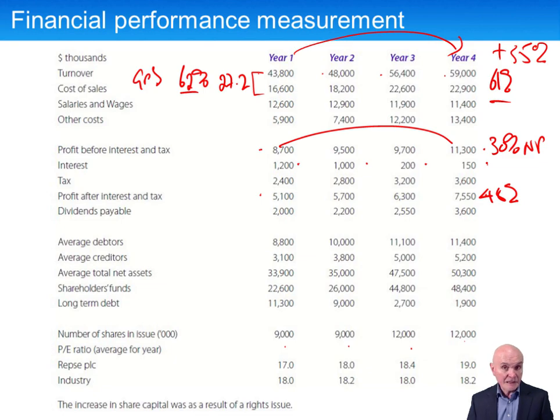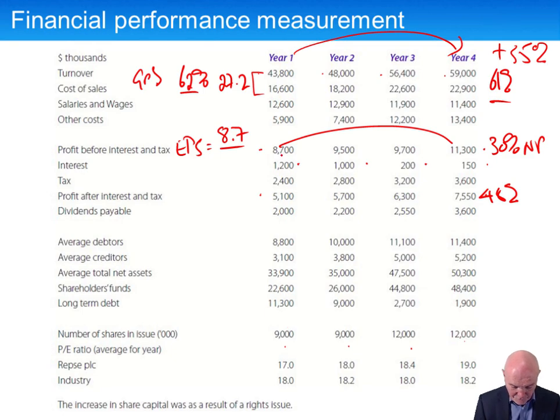And once we're there, we can actually work out the earnings per share. So the earnings per share here is going to be, if I do it in thousands, divided by the number of shares. The number of shares in issue is going to be 9,000.